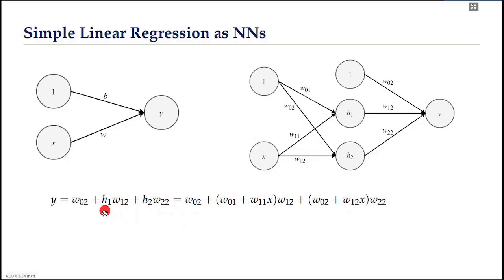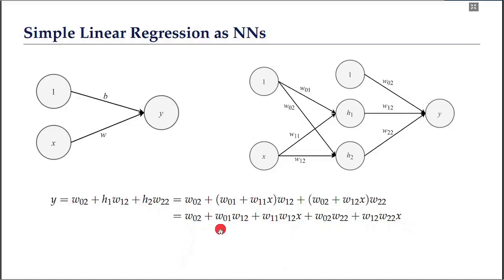Instead of H1, we substitute the value 1 times W01 plus X times W11. Similarly, for H2, we replace it by 1 times W02 plus W12 times X. Now here we have X and all the other parameters. This can be rewritten in this form.